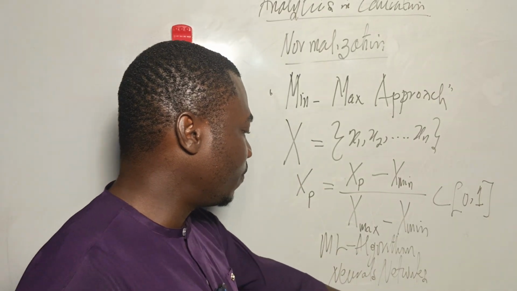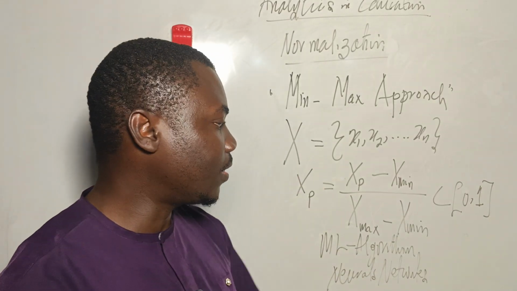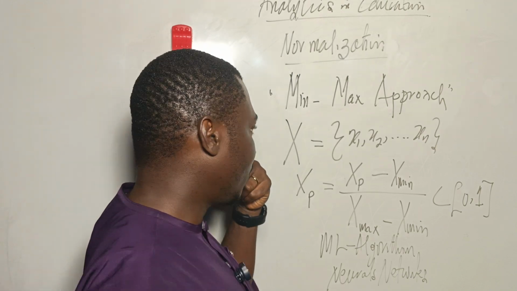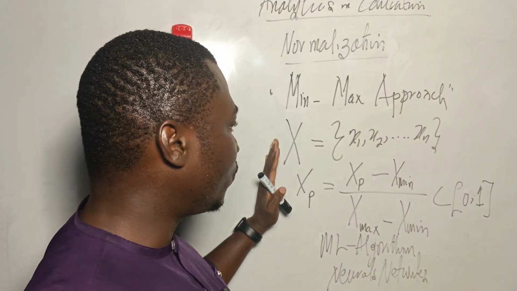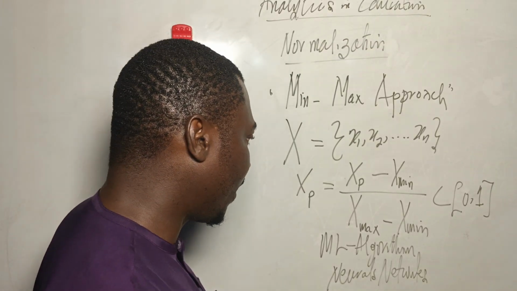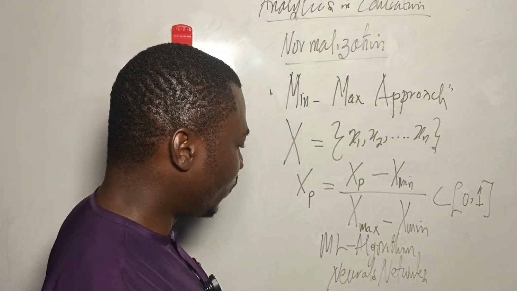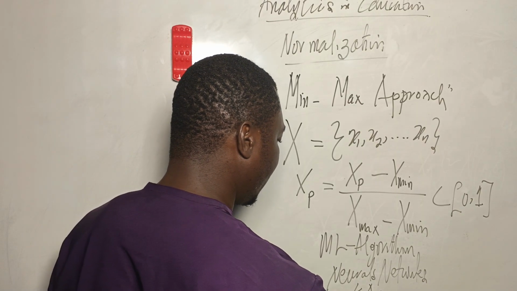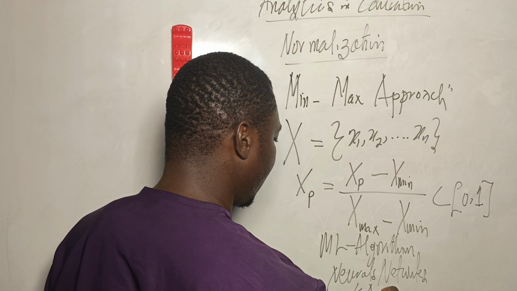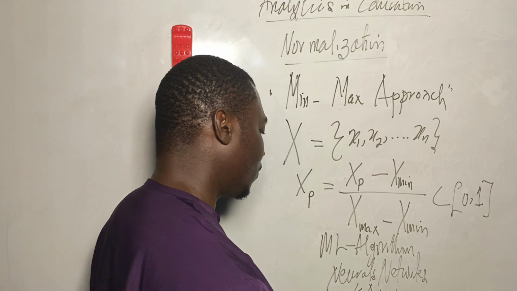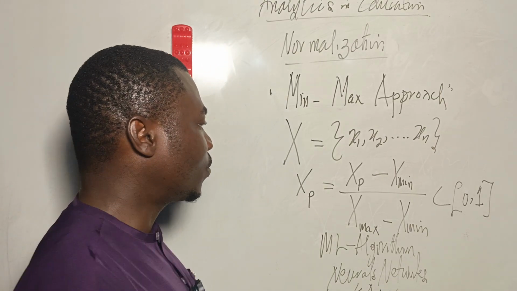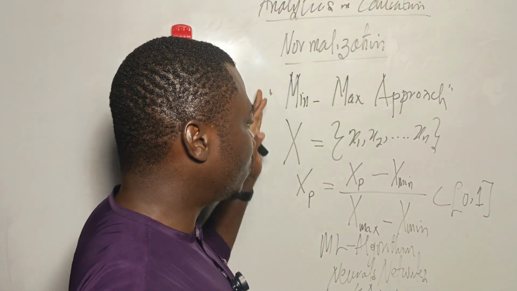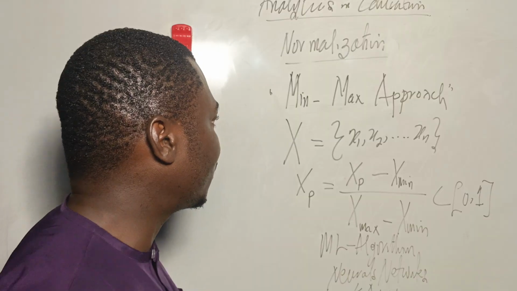Although it also helps you to reduce the outliers, it is not that sensitive to reducing the outliers. This is the approach you use for those kinds of machine learning, maybe k-nearest neighbors, KNN, or cluster analysis or cluster modeling.